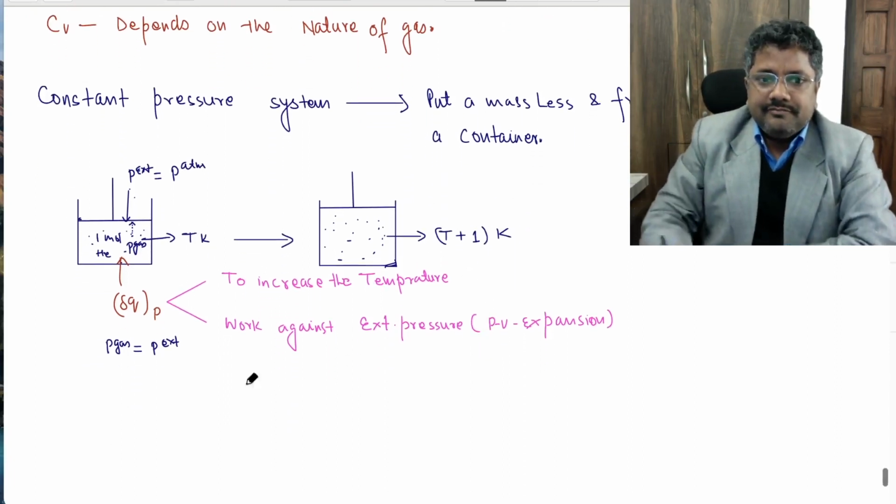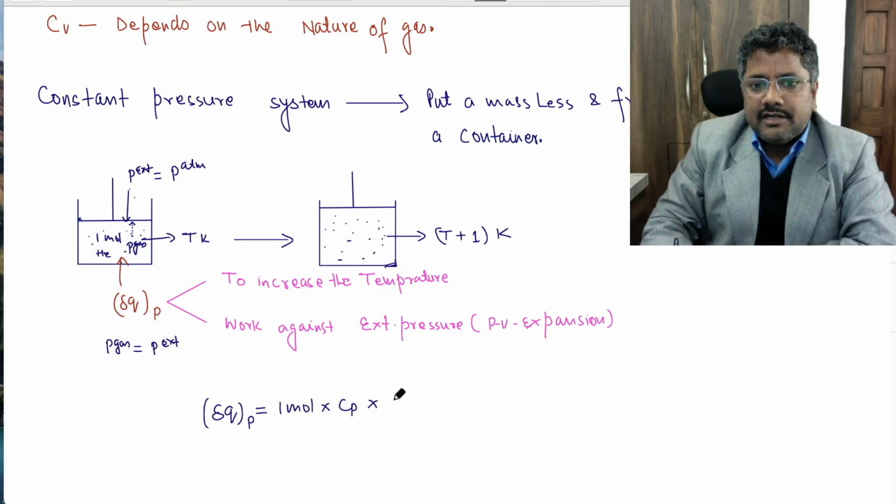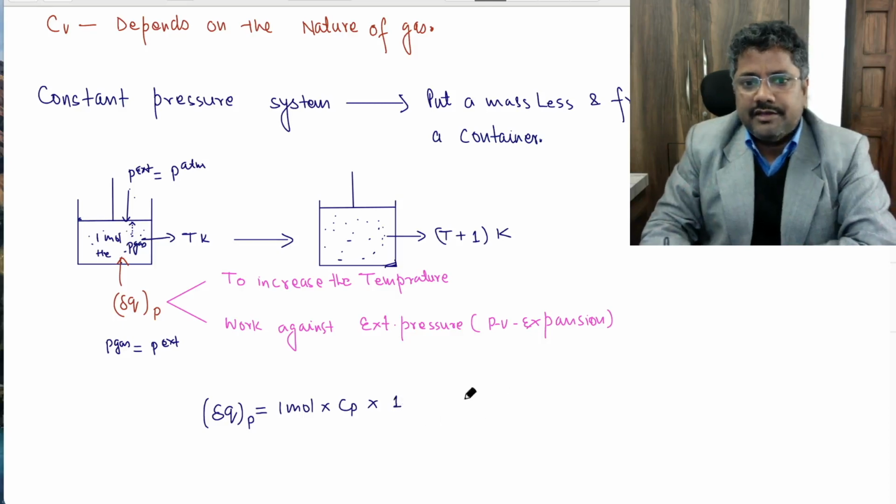So this time delta QP is equal to 1 mole into Cp into delta T. Delta T is equal to 1 here.